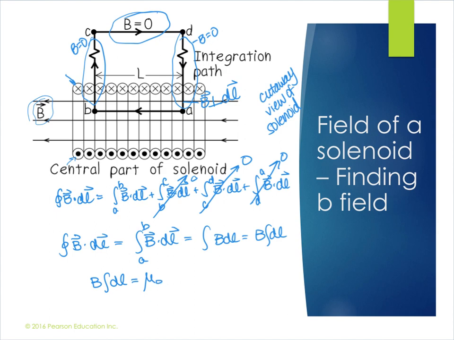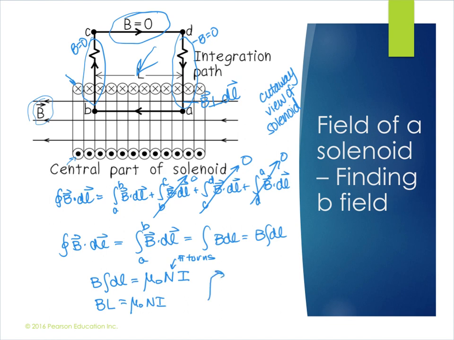And now how much current have I enclosed? Well, each turn has a current of I, and if N is the number of turns that we have, that's the total amount of current that I'll enclose. When I integrate over dl, notice that's going to be the entire length. So I get B times L equals mu naught N I.